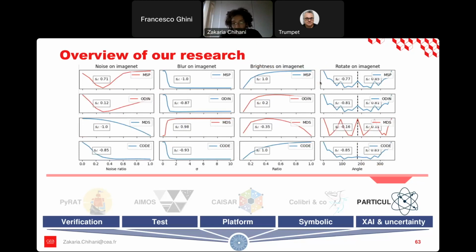We wrote a paper with Thales on this, and we compared CODE, which stands for contextualized out-of-distribution detection, that is based on particle. And you can see that particle is the most stable one with regards to certain perturbations. I'm not going to go into the details of this, but you can read the paper.